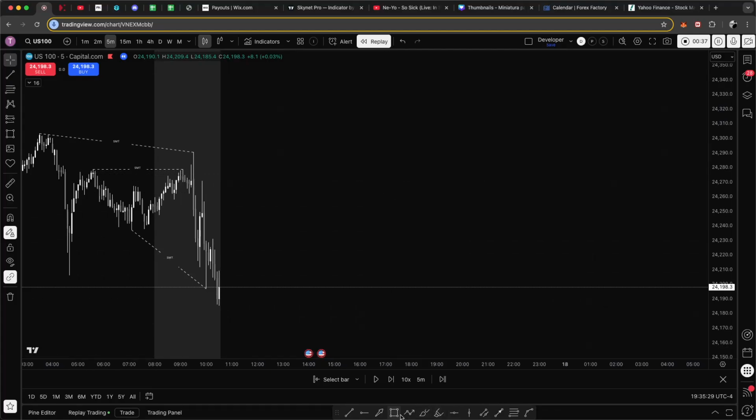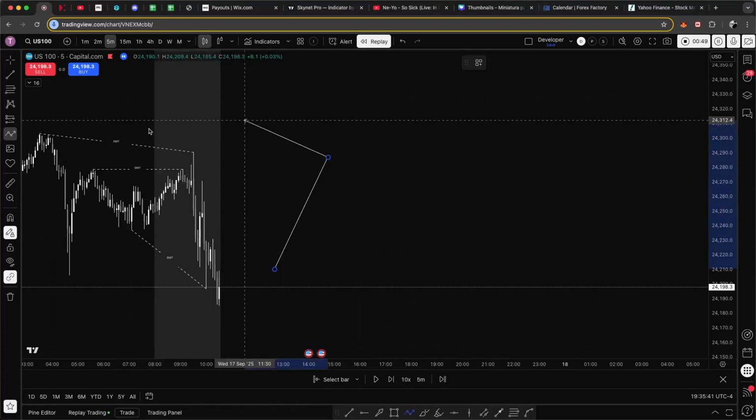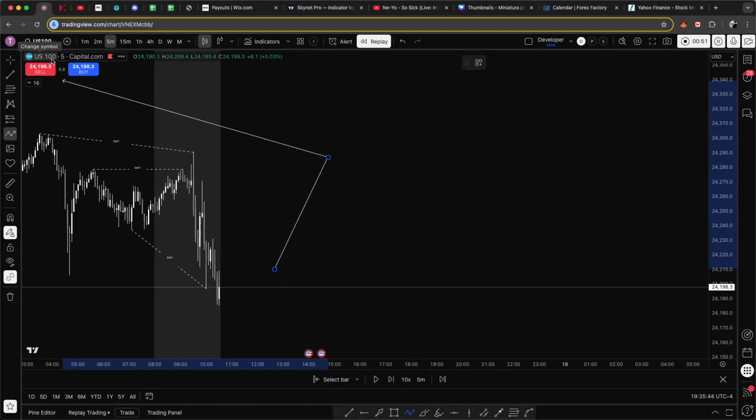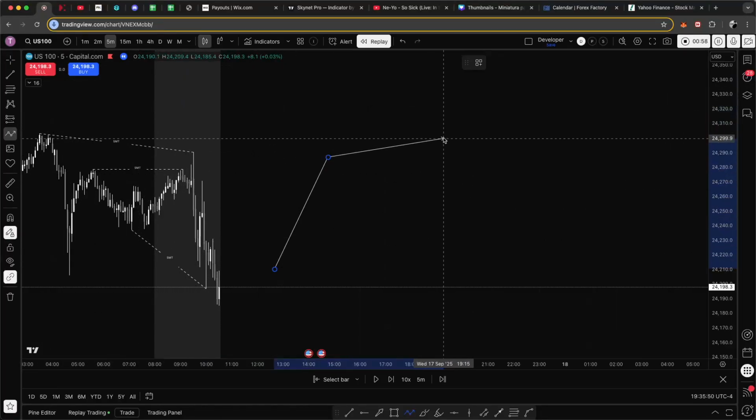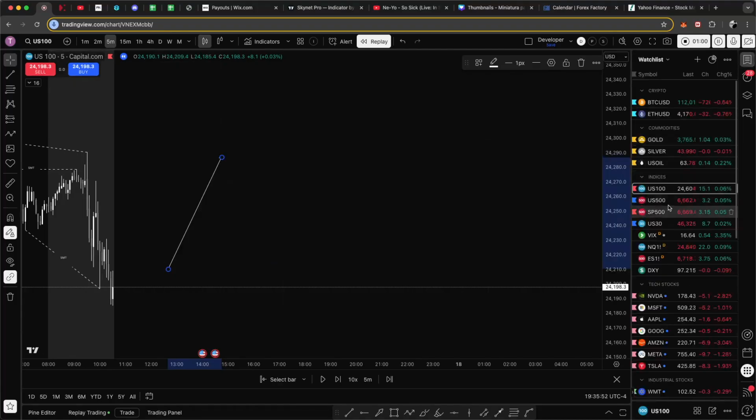If this is the first time you're watching this and you don't understand, this is a technique, one of the concepts from ICT. Basically, we use correlated pairs. I'm currently on Nasdaq, so what is the correlated pair from Nasdaq? The correlated pair is S&P 500. If you're trading futures, NQ and ES.